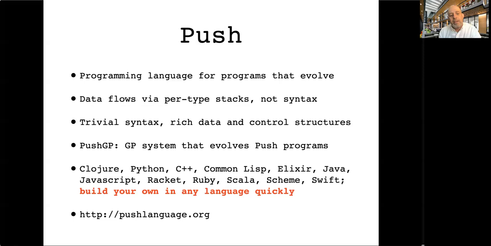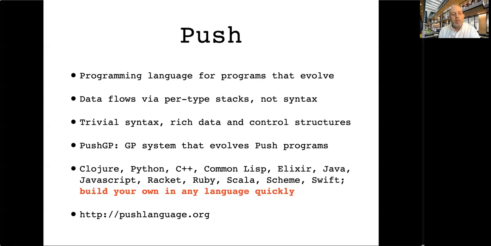There have, in fact, been implementations of Push and PushGP in many host languages. Some of the initial work was done in Common Lisp, but people have developed Push interpreters and PushGP systems in at least the languages I've listed here.